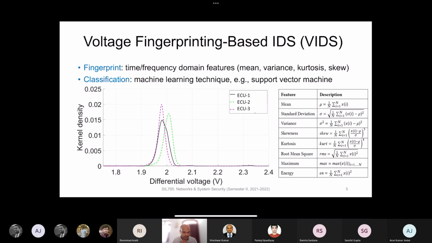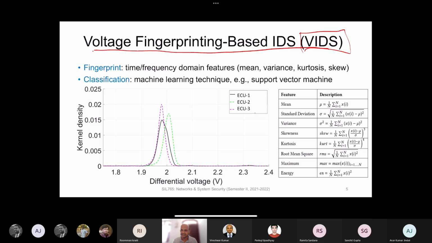Okay. So there has been a lot of research in development of these intrusion detection systems, and one of the best performing intrusion detection systems for these in-vehicular networks is called voltage fingerprint based intrusion detection system, so VIDS.